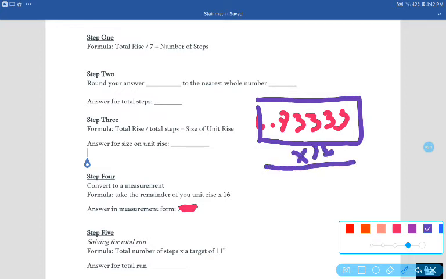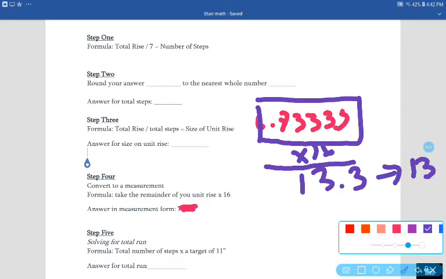So 0.83333 times 16, and that answer is 13.333, and so on. But we're just going to round that again to 13, and we're going to put it over 16.